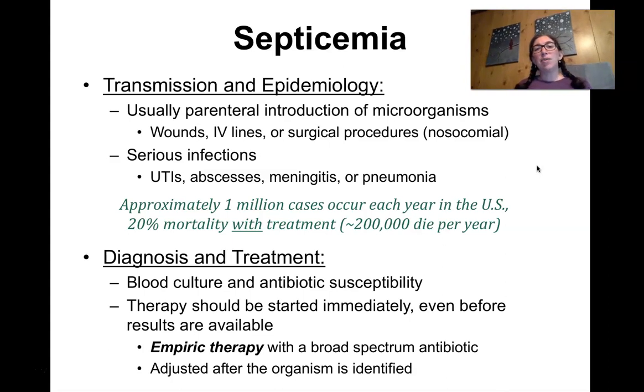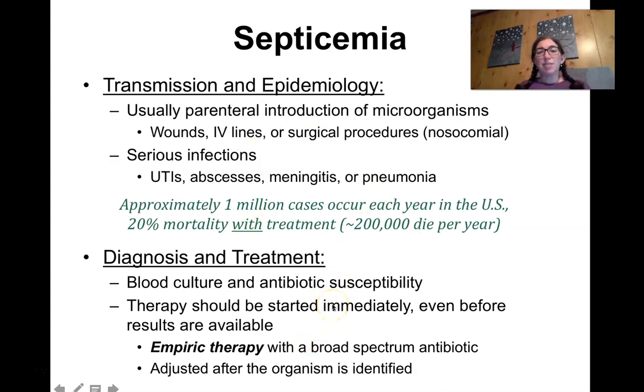But it's the community acquired ones that are so scary, because they can come on so suddenly from such minor things. But it is treatable. The key is getting it treated very quickly, usually through IV antibiotics and through controlling blood pressure and organ function until the body can get a hold of itself and that shock wears off.